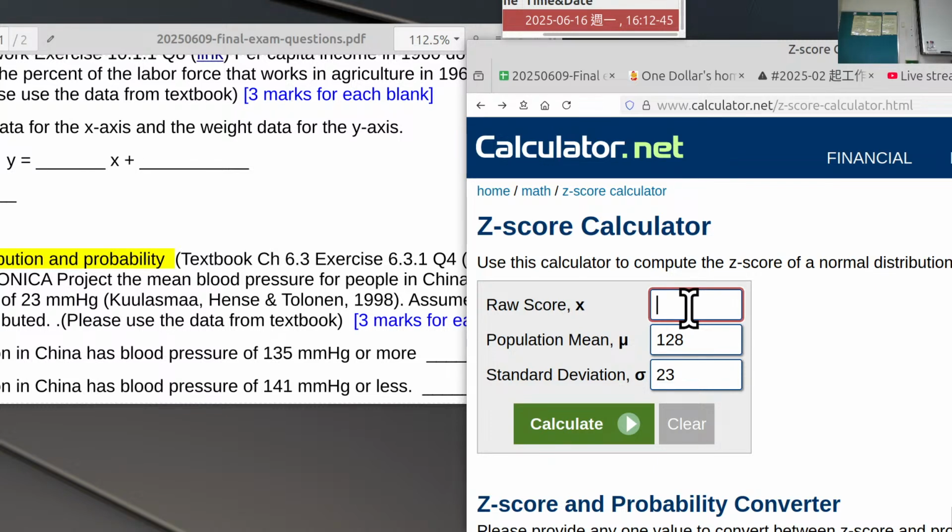What's the z-score? If we type 151, it means the mean plus 23. Who can tell me?